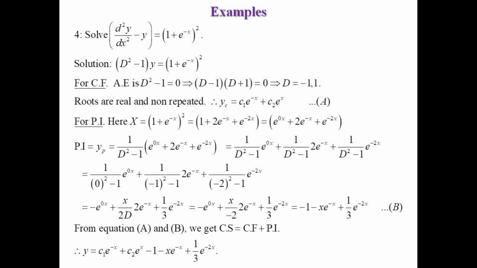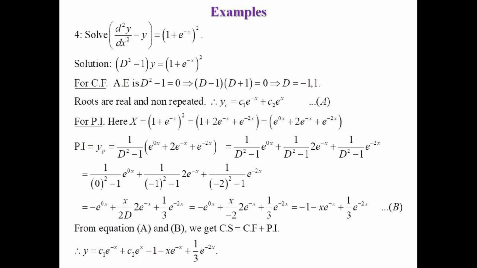The first part is 1 upon D square minus 1 e raised to 0x, plus 1 upon D square minus 1, where 2 is a constant and is written as it is, e raised to minus x, plus 1 upon D square minus 1 into e raised to minus 2x. You may separately solve the first, second and third terms and combine all three answers together, and you will get the final value of the particular integral.